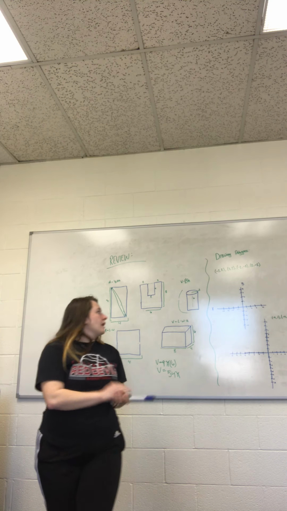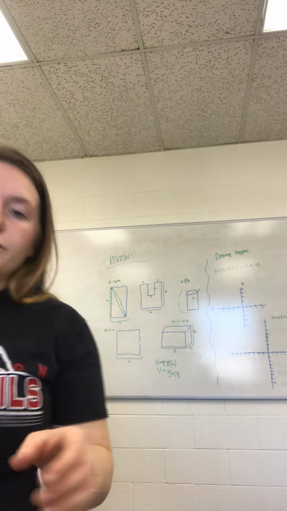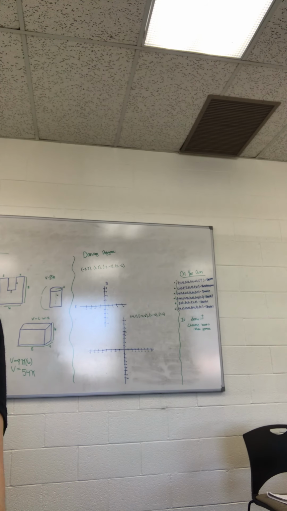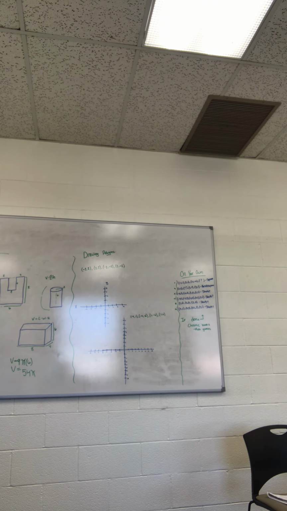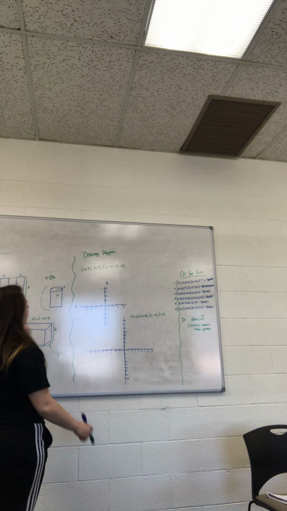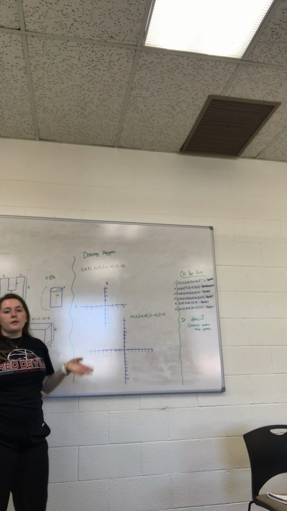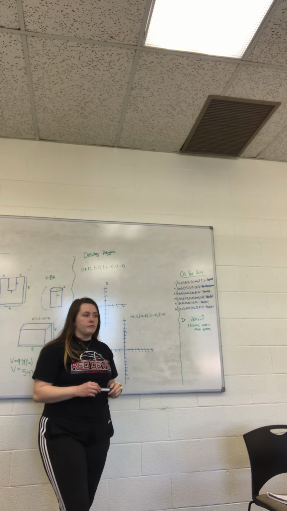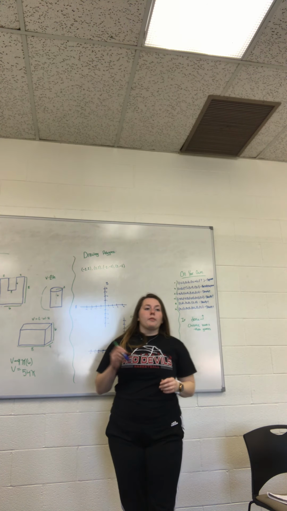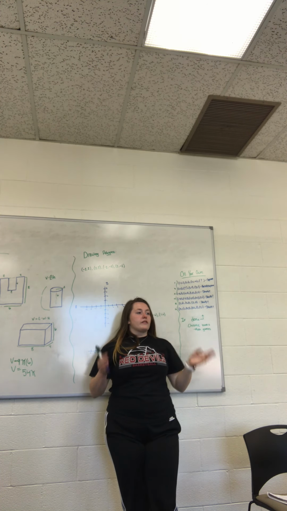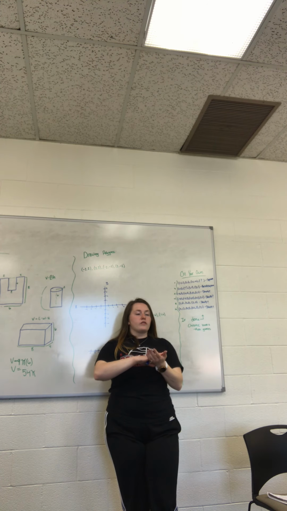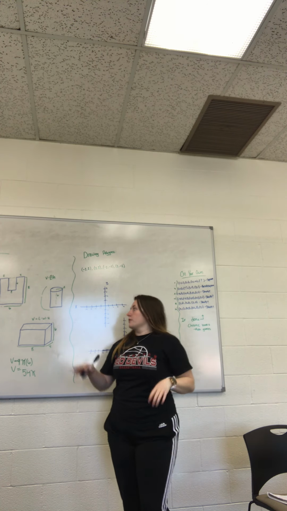All right, so now what we're going to do is move on to today's topic, which is drawing polygons on a coordinate plane. So, can someone tell me what a polygon is? A polygon is a figure with straight sides. It's two-dimensional. It's like your piece of paper, like when we're doing an area.